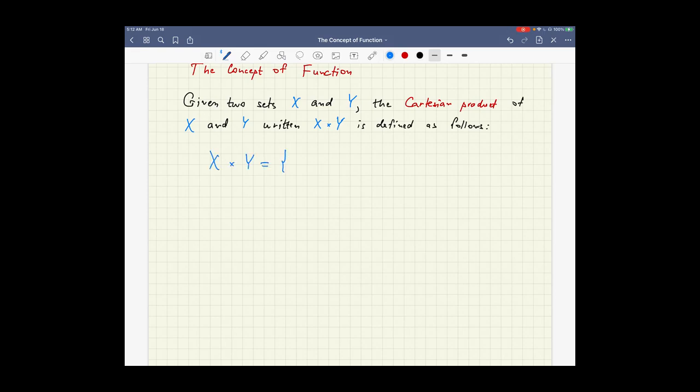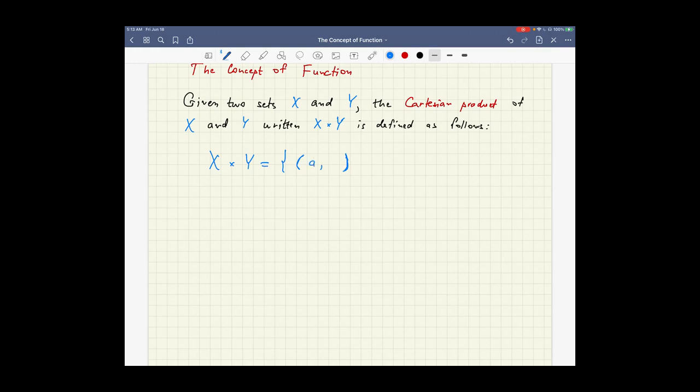It is the set of ordered pairs. Ordered pairs are written in round parentheses in mathematics, and for pairs, unlike sets, the order is important. So X cross Y is the set of ordered pairs.